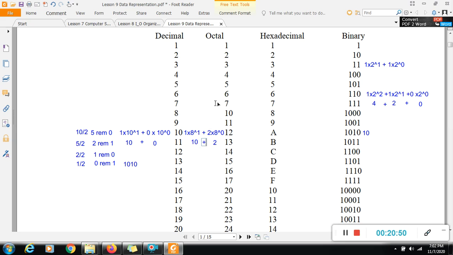As long as you remember, this one has a maximum of 8 digits, this one has a maximum of 16 digits, 0 up to 15, 0 up to 7, 0 up to 9, 0 up to 1. Then you can do the conversion with a lot of ease.